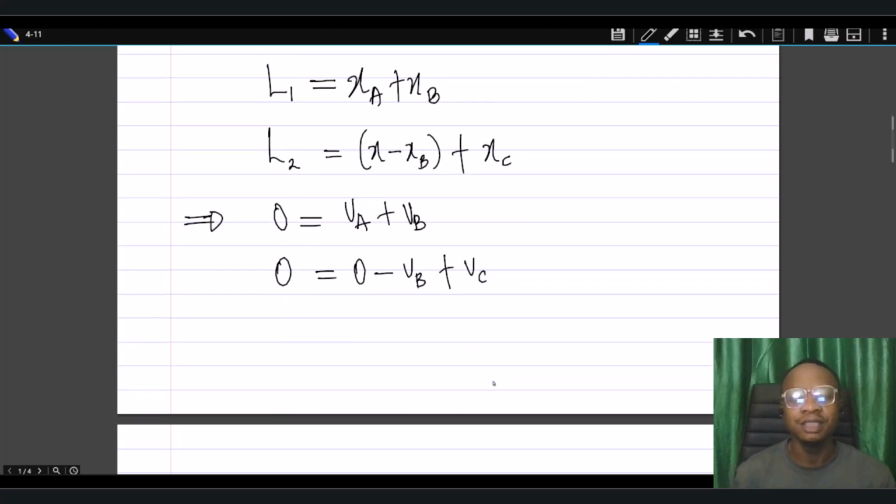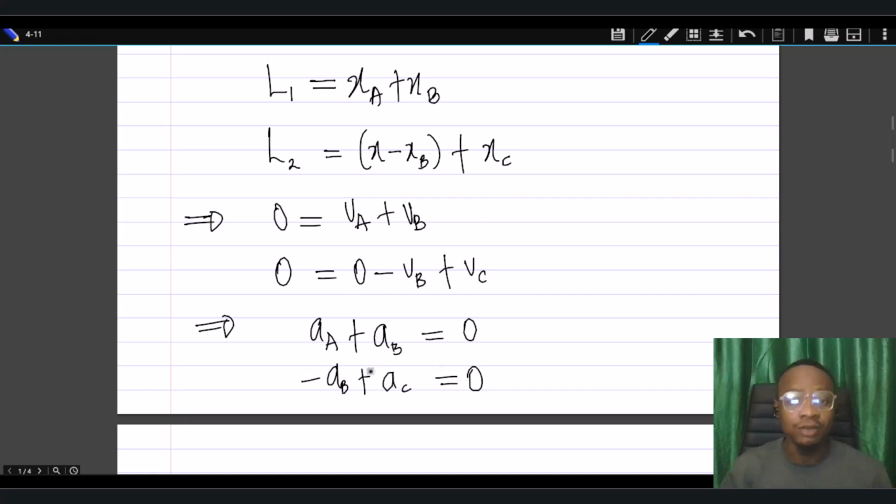And differentiating once again with respect to time, we know the derivative of velocity with respect to time is acceleration. So this will give us 0 equals acceleration of A plus acceleration of B. And if we differentiate the second one here, it gives us minus acceleration of B plus acceleration of C equals 0.